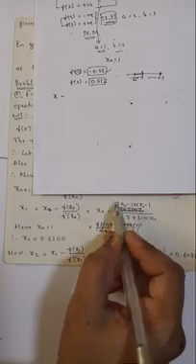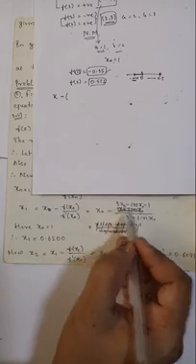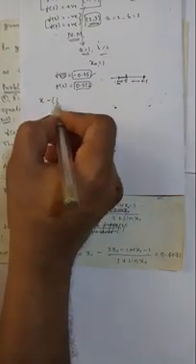Then we have the second term, with both numerator and denominator. For the second term you type a bracket in the calculator, then take a bracket for the numerator. So this bracket is for the second term and this bracket is for the numerator.